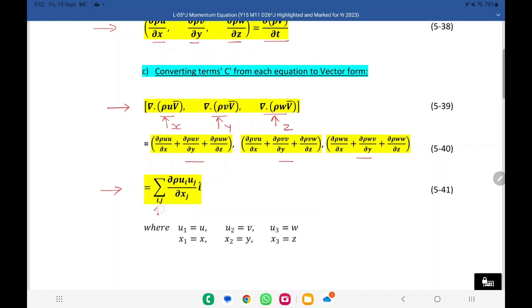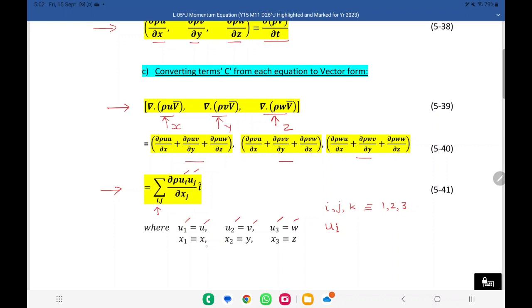You have I and J. I, J, K are basically 1, 2, 3, the 3 axes. You are seeing here UI and UJ. Instead of using U, V and W, I am using U1, U2, U3, which are equal to U, V and W, and I am putting all of them together as UI. So depending upon the value of I, it is either U, V or W.